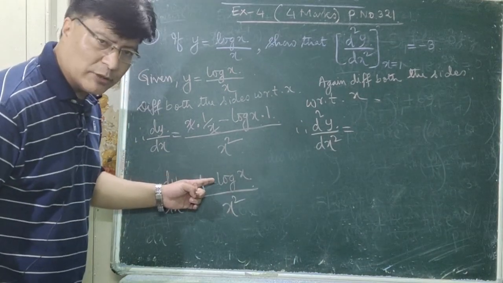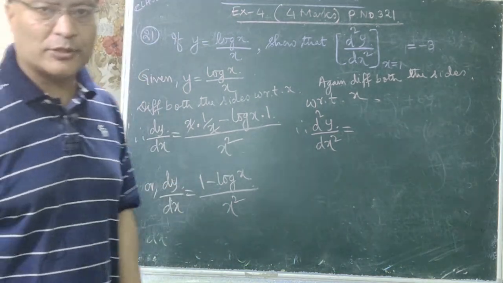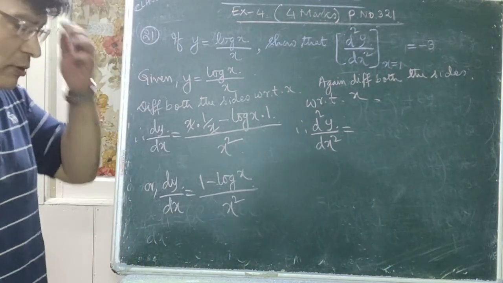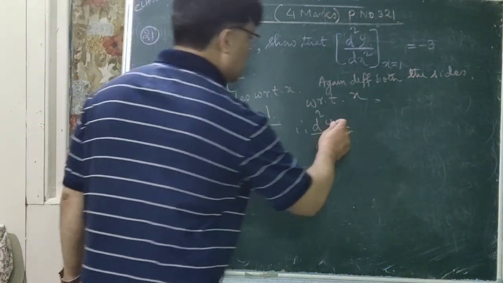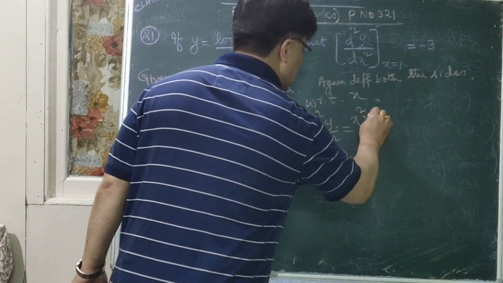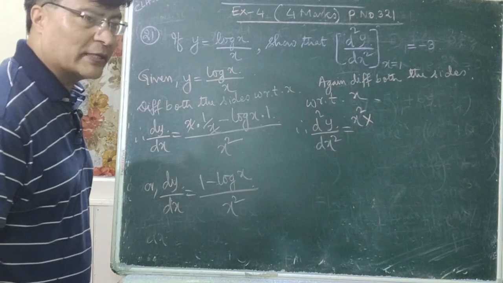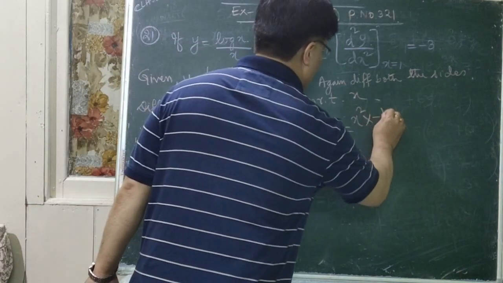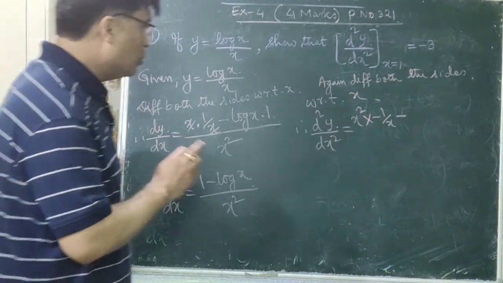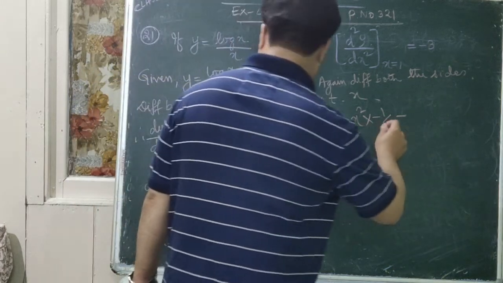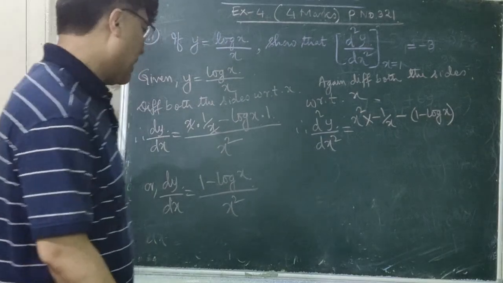Here also you have to use the u by v rule, or quotient rule, because both numerator and denominator are variables. Keeping the denominator as it is, take the differentiation of the numerator: 1 minus log x, its differentiation is minus 1 upon x. Then comes minus sign. The numerator, 1 minus log x, is kept as it is.